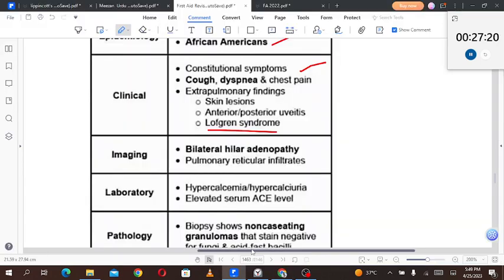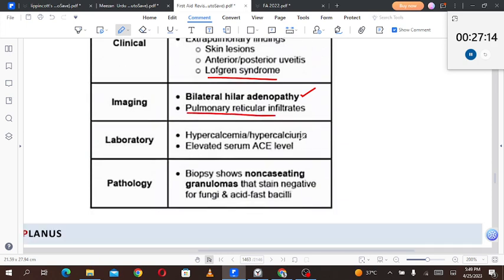Coming back to the PDF. Imaging will show bilateral hilar adenopathy and pulmonary reticular infiltrates. Lab values will show hypercalcemia, hypercalciuria, and elevated serum angiotensin-converting enzyme levels. Pathology: biopsy shows non-caseating granulomas that stain negative for fungi and acid-fast bacilli. Non-caseating granulomas are a very high yield point. Granulomas are also formed in TB and in some other conditions like histoplasmosis.